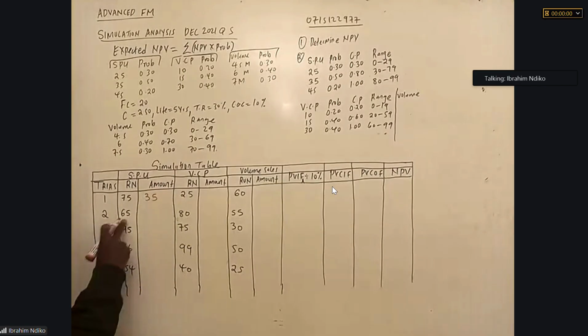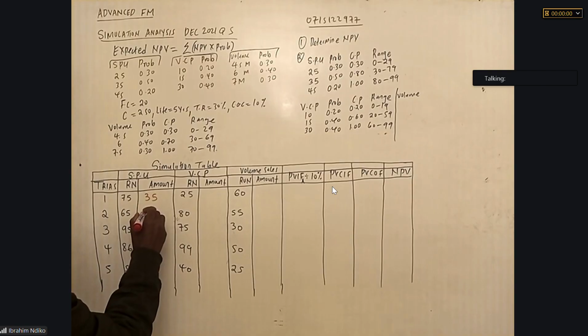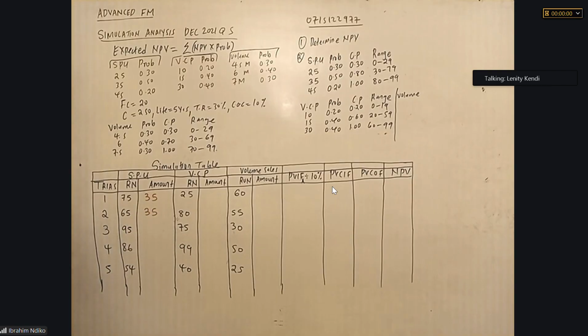Haya. What about 65? Bado iko 30 to 79, ni 35. 95 iko kwa 80 to 99 which is 45. 86, 80 to 99 which is 45. 54 is 30 to 79, 35. Zaida umeelewa?